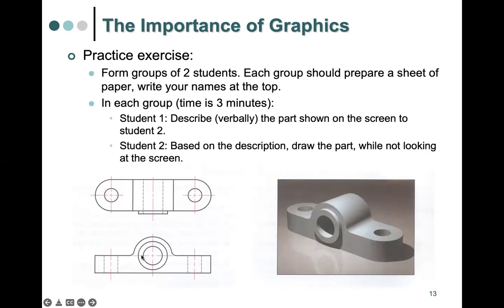Then we combine it with the top view. From the top view, here there is a tukikan, or the edges, like this. So we put a straight line there, and then we know from the top there is a hole in it.